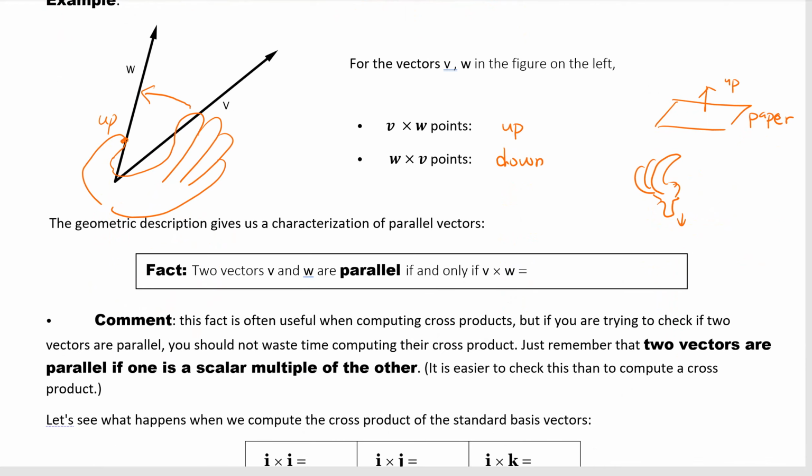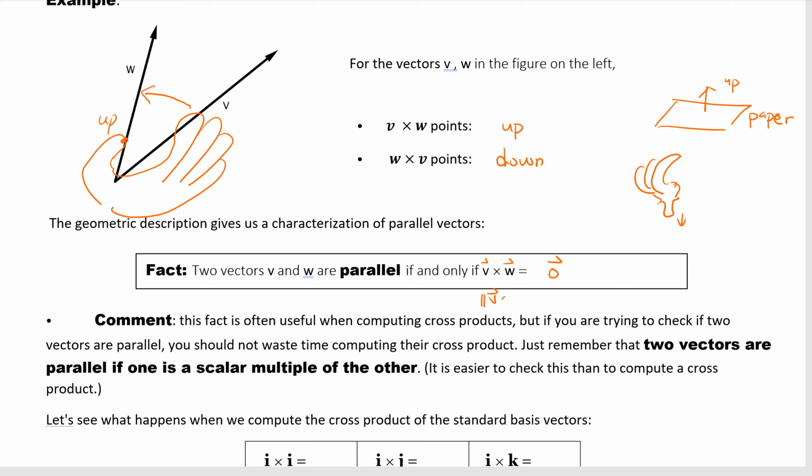No, a hand. Okay. So anyway, the geometric description gives us a characterization of parallel vectors. Two vectors V and W are parallel if and only if the cross product equals 0. And don't forget the cross product is a vector, so if you write 0, you mean the zero vector.